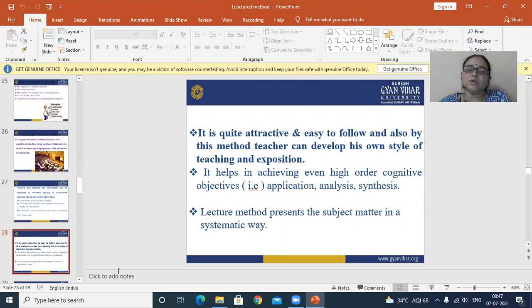It is quite attractive and easy to follow, and also by this method teacher can develop his own style of teaching and exposition. It helps in achieving even high order cognitive objectives, that is application, analysis and synthesis.